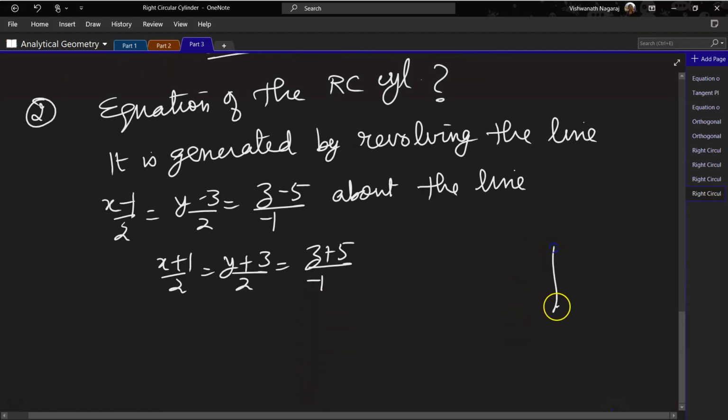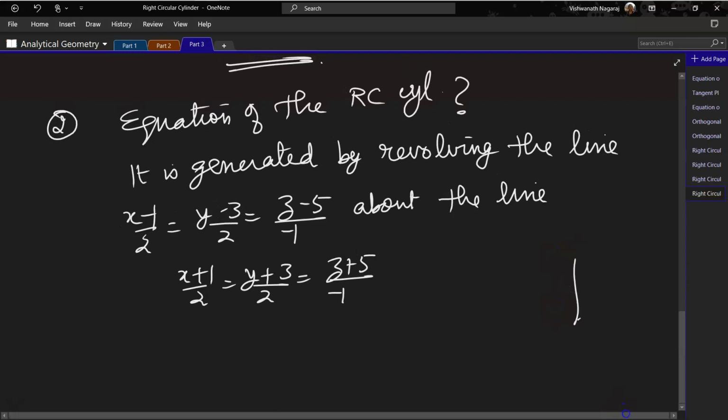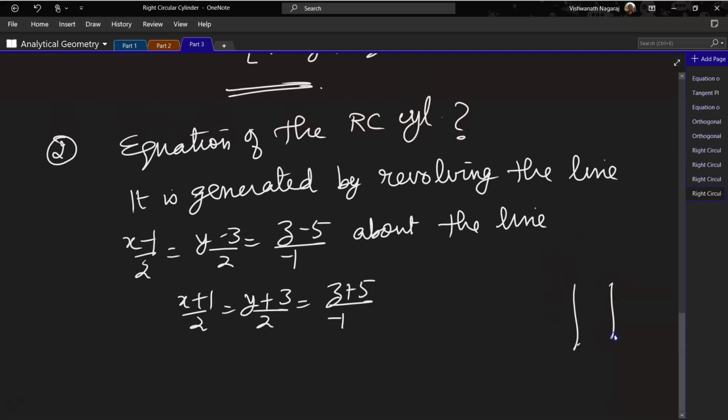So basically this is the axis, and you have another line, and you rotate this so that you form a cylinder.